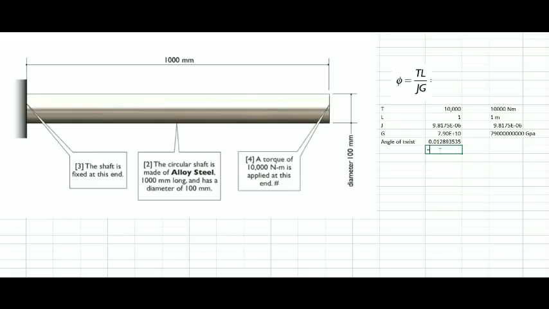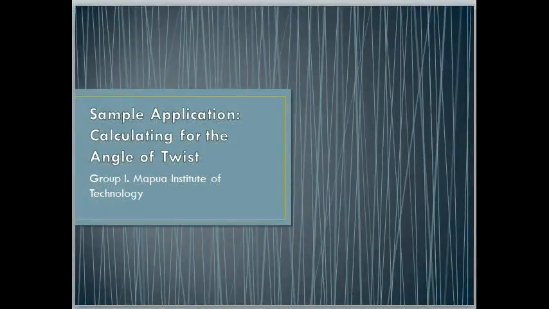If we want to find it in degrees, we just need to multiply it by 180, then divide it by 3.14. So its angle of twist is 0.74 degrees.